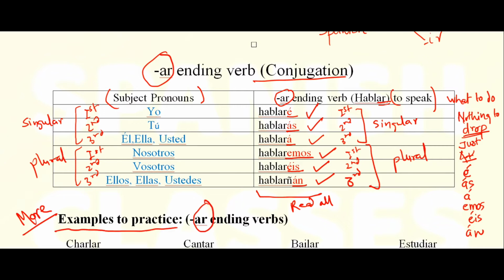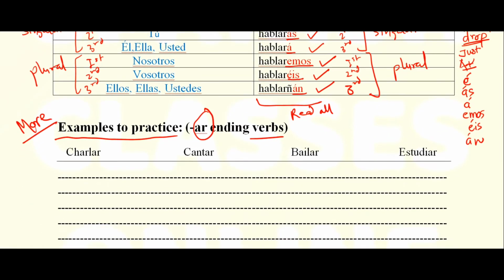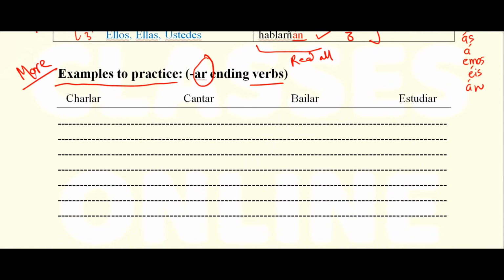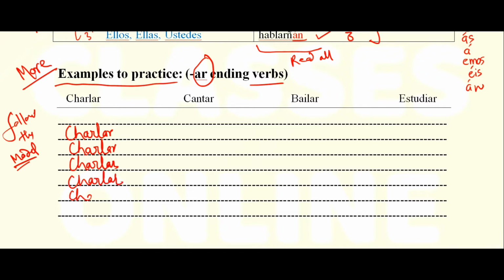There are some more examples of AR ending verbs. The model we have to repeat is the one we just completed. We don't drop anything from the verb, so we copy the verb, charlar, 6 times, because we have first, second, third person singular and plural conjugation, 6 in total.